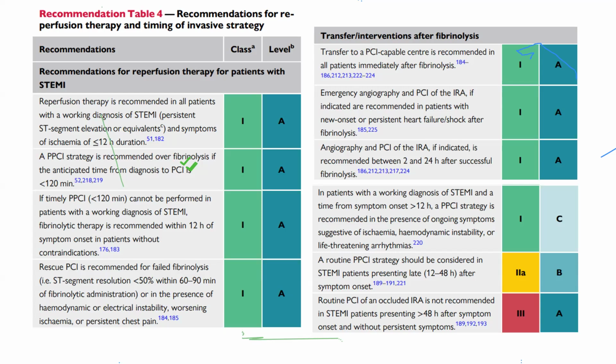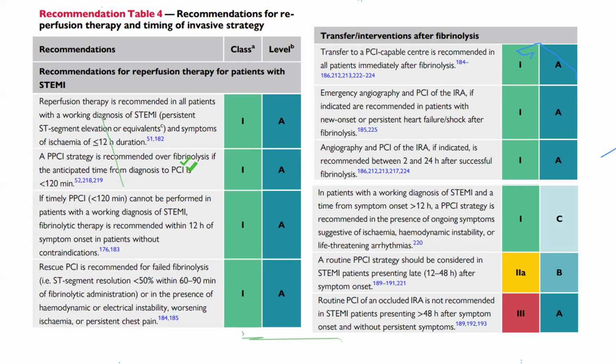In patients with a working diagnosis of STEMI and a time from onset more than 12 hours, a primary PCI strategy is recommended in the presence of ongoing symptoms suggestive of ischemia, hemodynamic instability, or life-threatening arrhythmias.